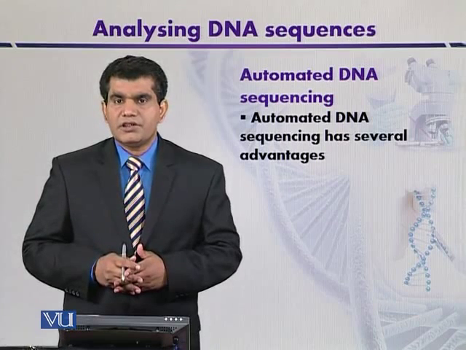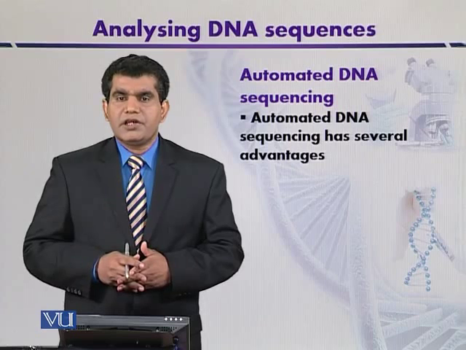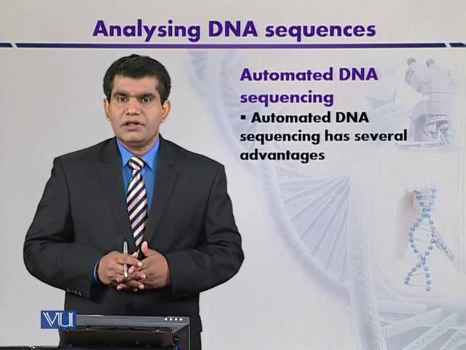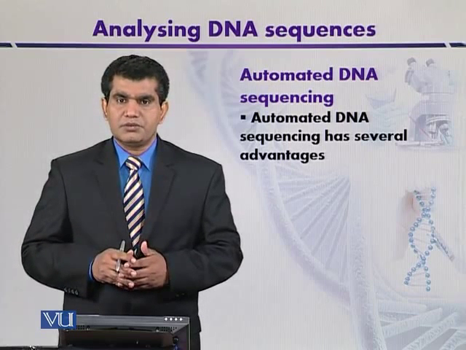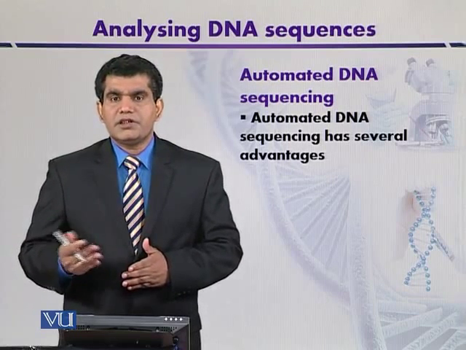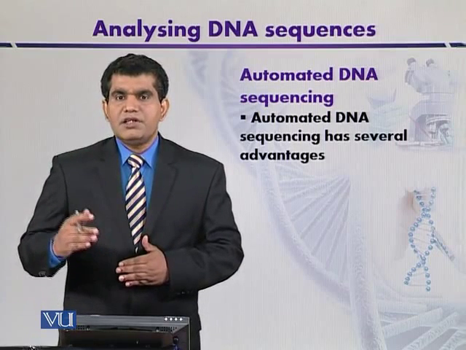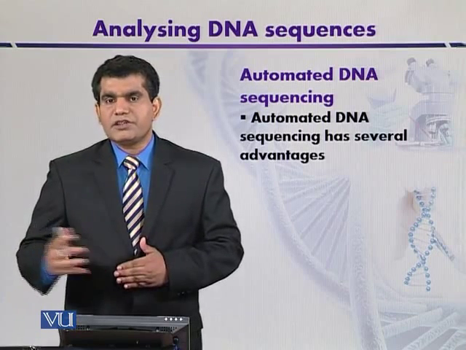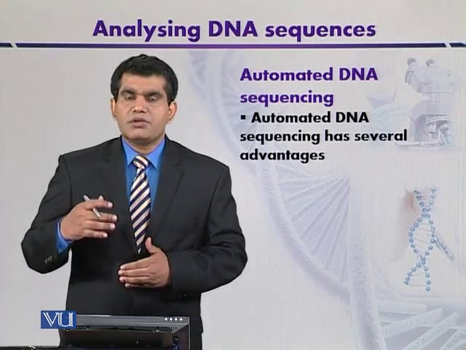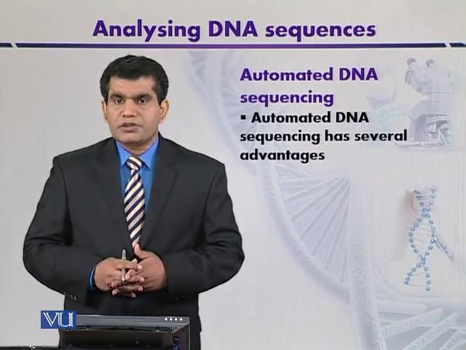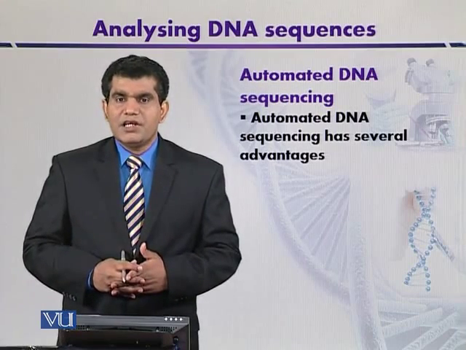But this is not the case in automated sequencing, because here all 4 reactions can be loaded on a single lane. And now there are some sequencers where capillary tubes are used that may contain 48 or up to 96 capillary tubes. So we can analyze up to 96 different samples, so that one can analyze thousands of nucleotides within a short course of time. So these are a few of the advantages of automated DNA sequencing.